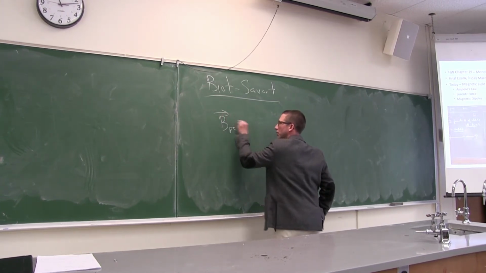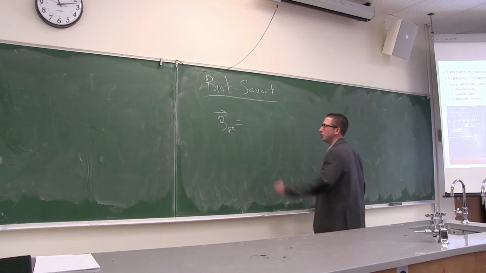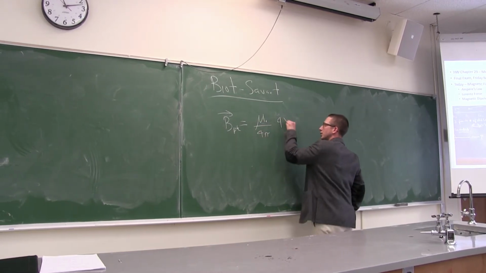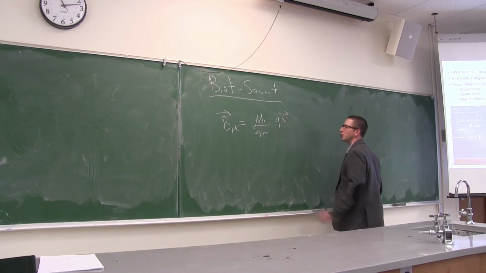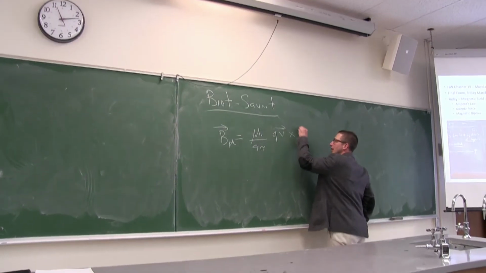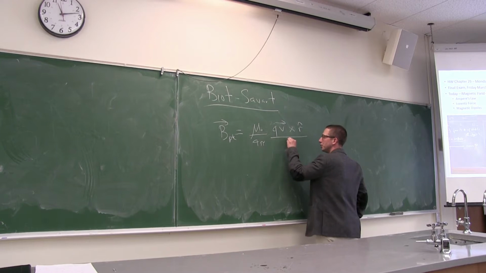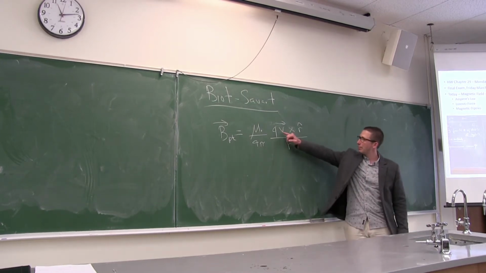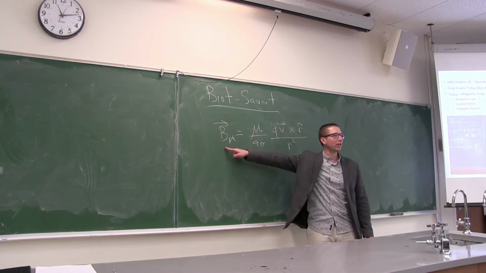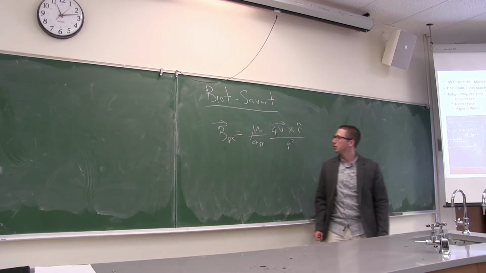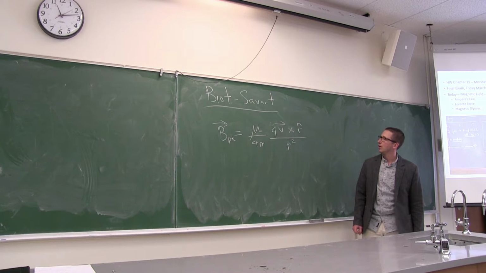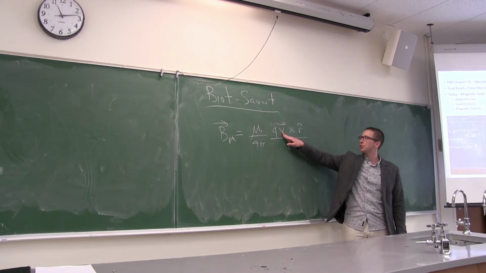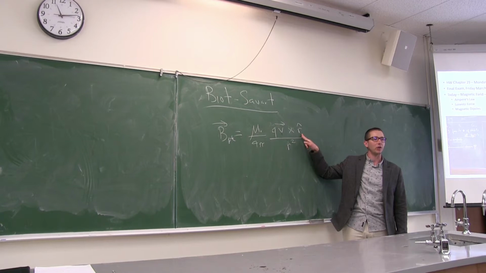So, it said that a moving charge, charge Q that's moving with speed v, creates a magnetic field. And that magnetic field is always perpendicular to the velocity vector and to the vector from the charge to the point of magnetic field that you're interested in.